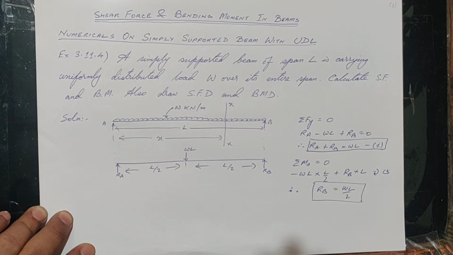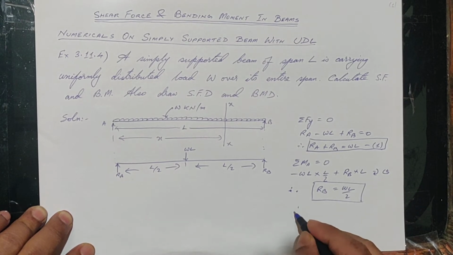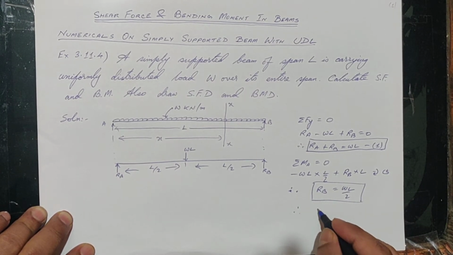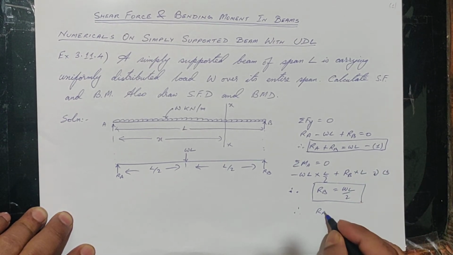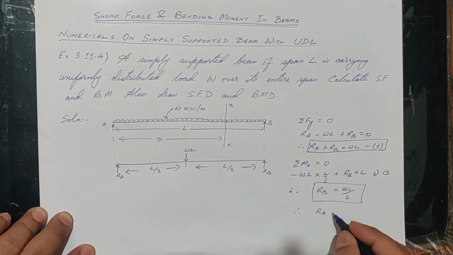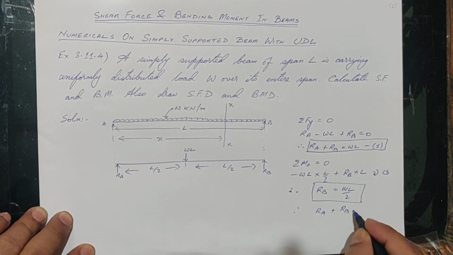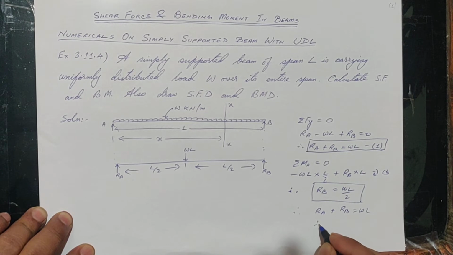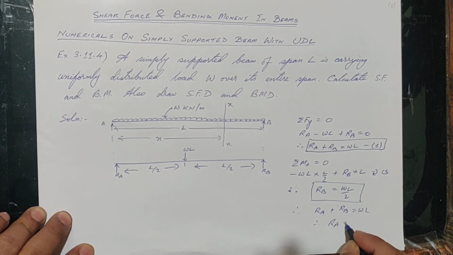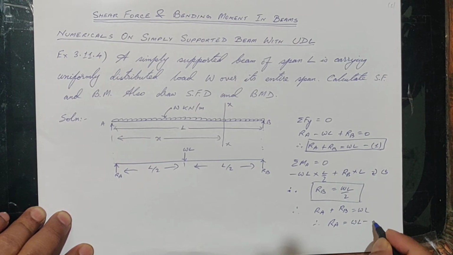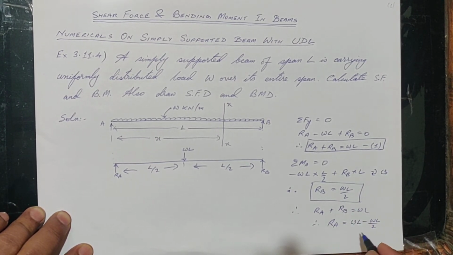Okay, so from this what we get is RA. We put this value in the first equation, RA plus RB is equal to WL. So RA is equal to WL minus WL by 2, that is the value of RB.